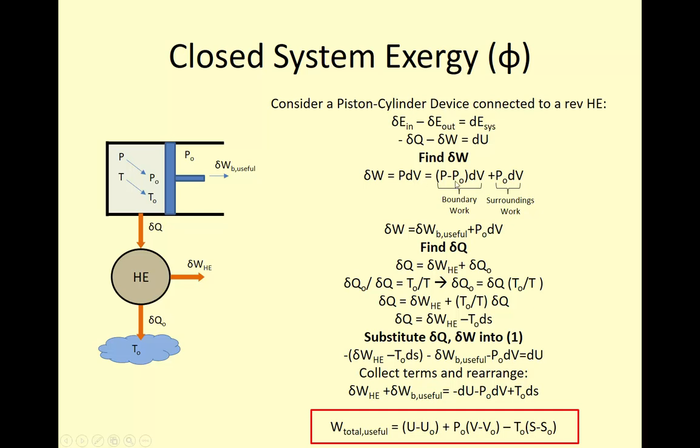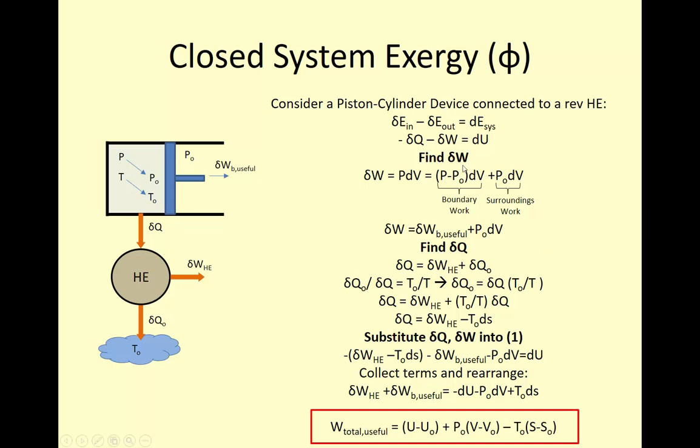So we have this boundary work, which is P minus P0 times dV, and we're assuming it's a linear change in pressure, so we don't have to know how the pressure varies with distance or as this piston is moved. And then we have the surroundings work term. So our total boundary work is equal to this boundary work plus the surroundings work.